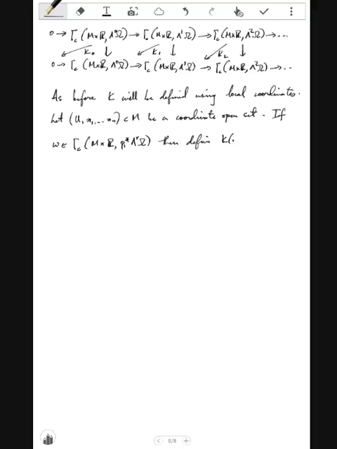So let U with coordinates x1 to xn be a coordinate open set, and we start with omega which is compactly supported on U cross R. If omega is of the form g dxi, define k of omega to be 0.